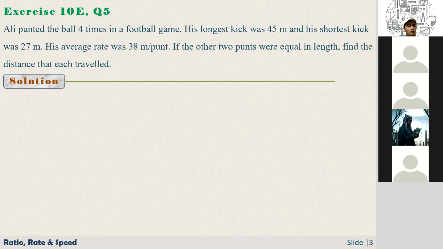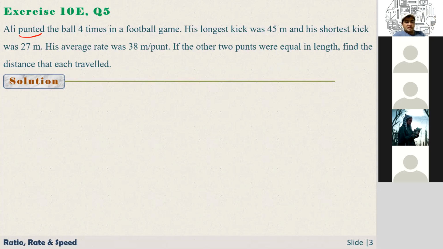Ali punted the ball 4 times in a football game. Adilhan, do you know what punt means? Usually when you are playing football, sometimes you put the ball on the ground and you just kick it, and wherever it goes, it is called punted.